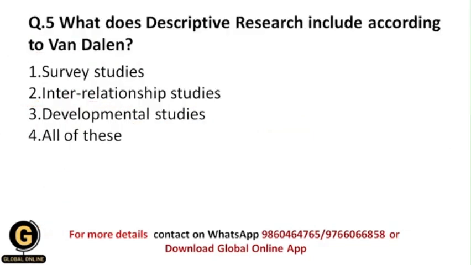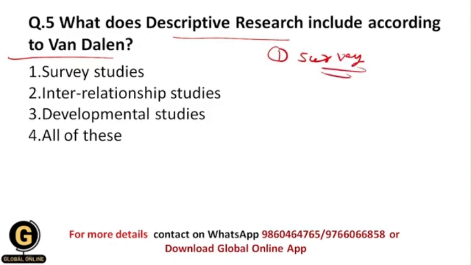Okay, now next, what does descriptive research include according to Van Dalen? According to Van Dalen, there are three types of studies included in descriptive research. The first one is survey studies. Within survey studies, we ask questions to the participants and participants respond to us.